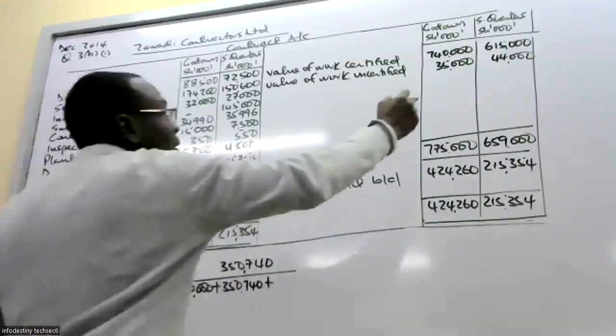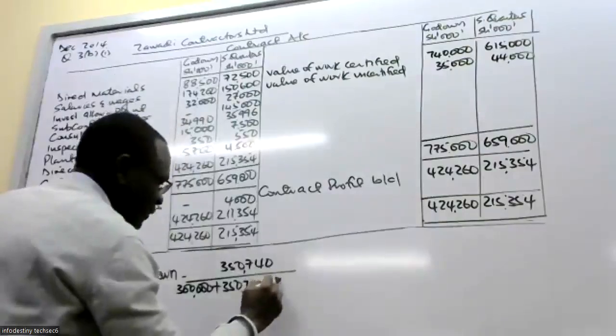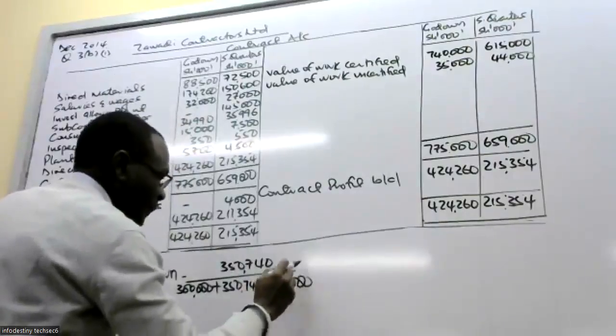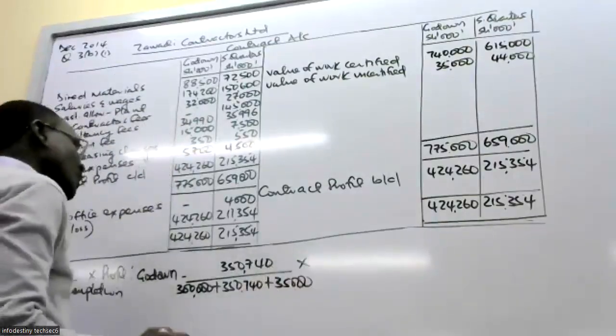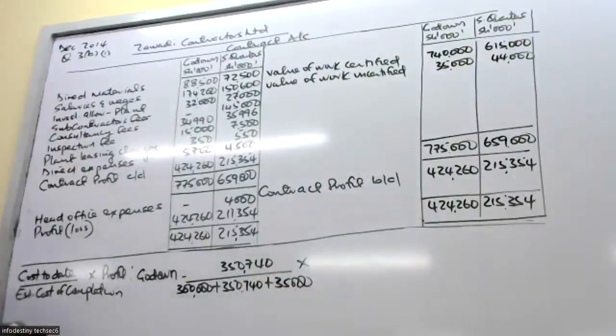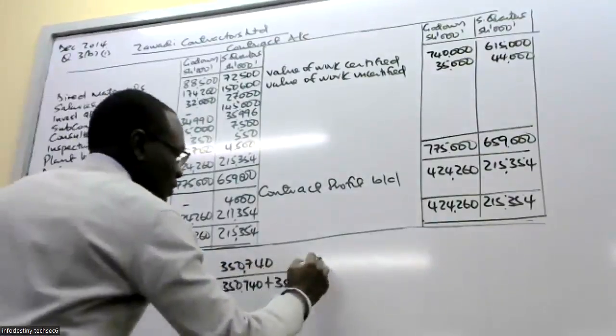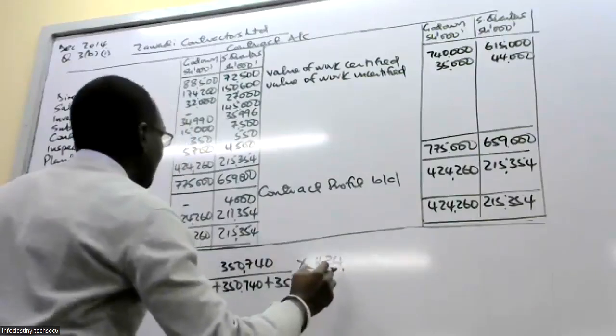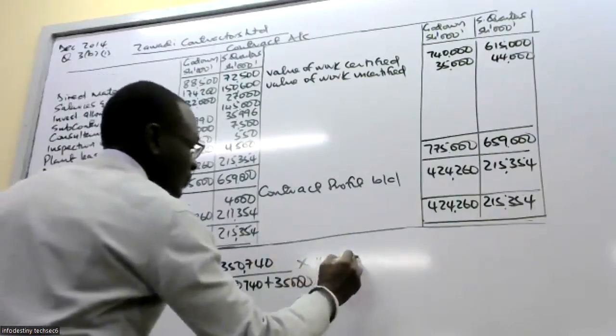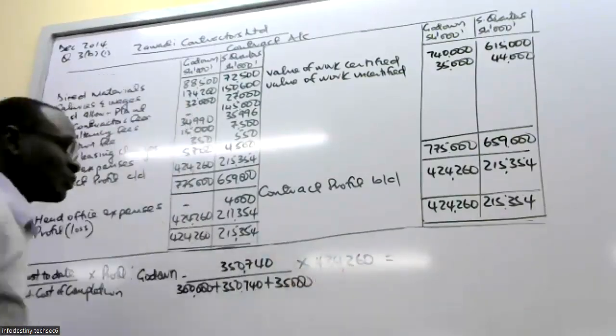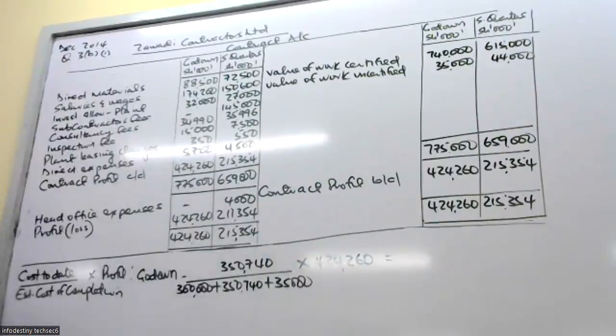What is remaining to the end is 35. Then I get that as a proportion of our profit. Our profit is 424,260. That should give us the profit to take, or profit recognized, or taxable profit for the go down project.